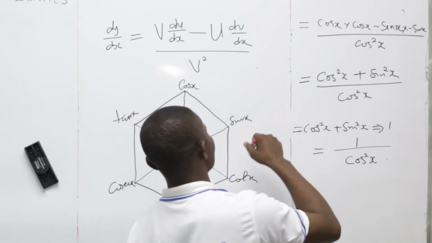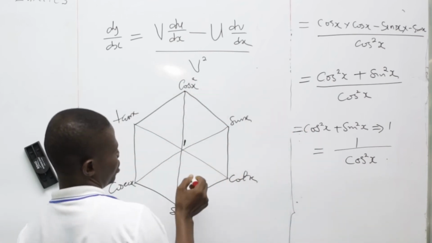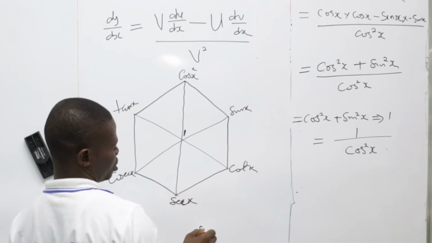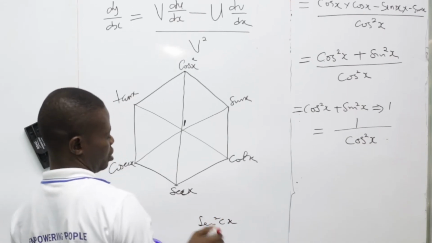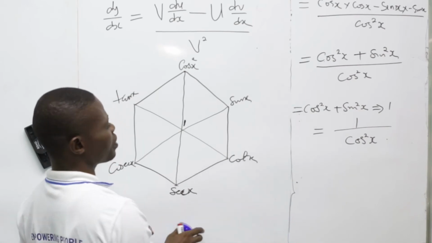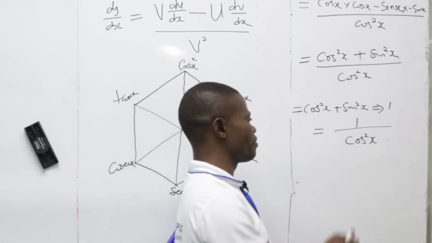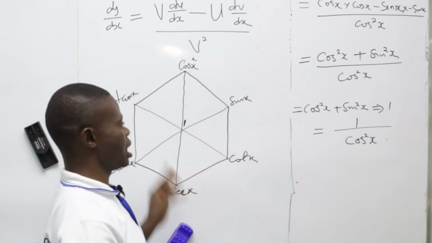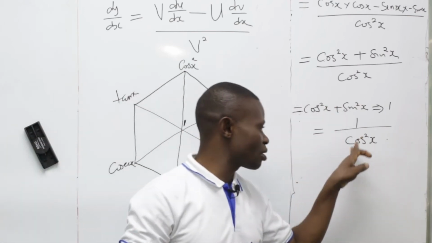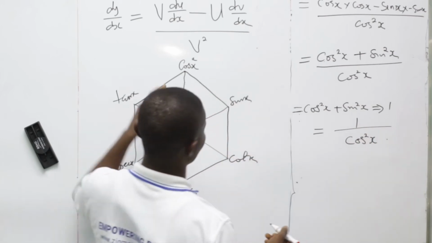What about a case where you have square of it? It becomes what? Sec squared x. The reason for this analysis, I want to interpret the final answer. Using this super hexagon, you're going to see that 1 over cos squared x is going to give us what?